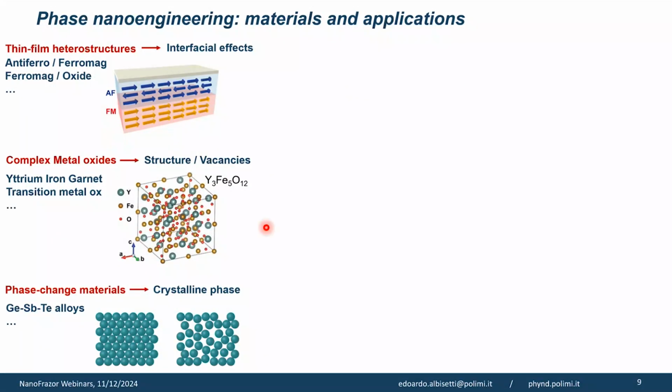Other classes of materials that we started to study more recently are very interesting and very general as well. One class is complex metal oxides. It's a super broad range of materials, usually transition metal oxides, that are quite complex in the unit cell. This is an example. It's called yttrium iron garnet, and we'll talk about it a little bit later.